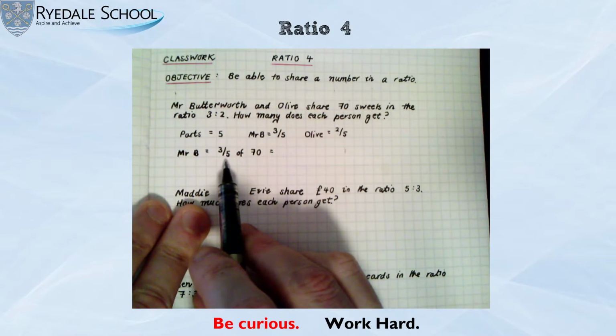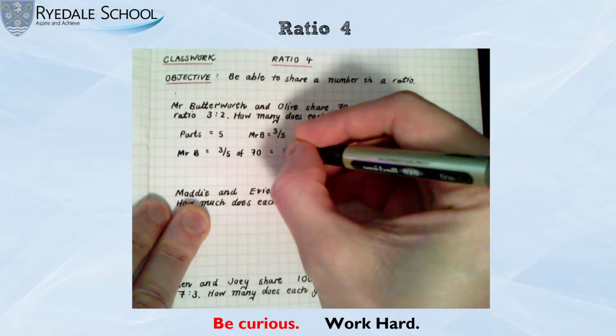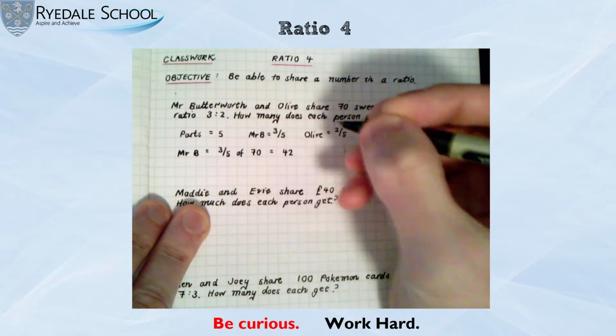We divide by the denominator, we divide by 5 to work out 1 part or 1/5, and then I multiply by the numerator, which is 3. So 70 divided by 5 is 14, and 14 times 3 is 42.